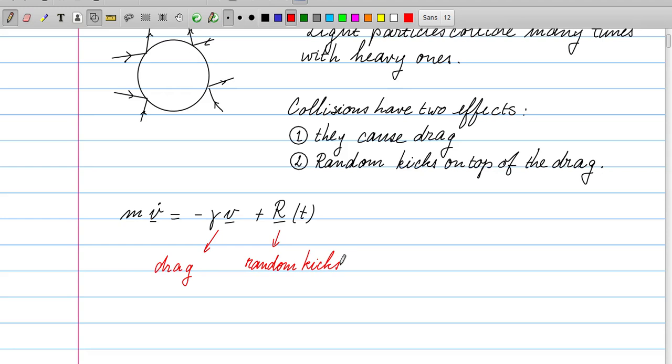And eventually there is a field like gravity, or if the particles are charged, it may be an electric field, which is a systematic force. We can include that, and we call it F, depending on position and time. So F is a systematic force.